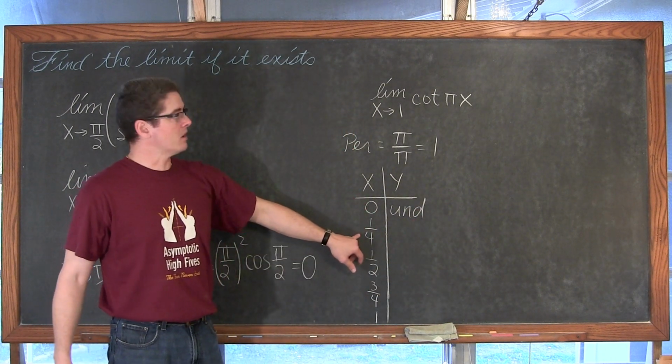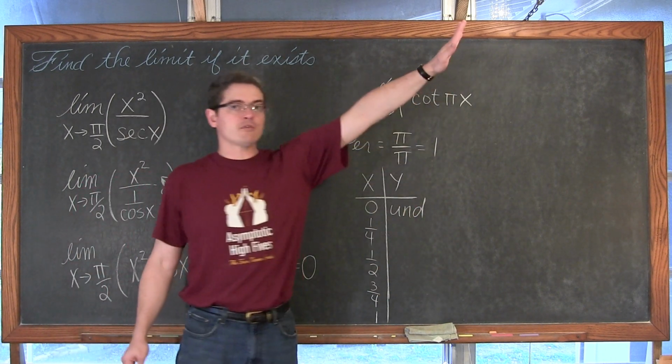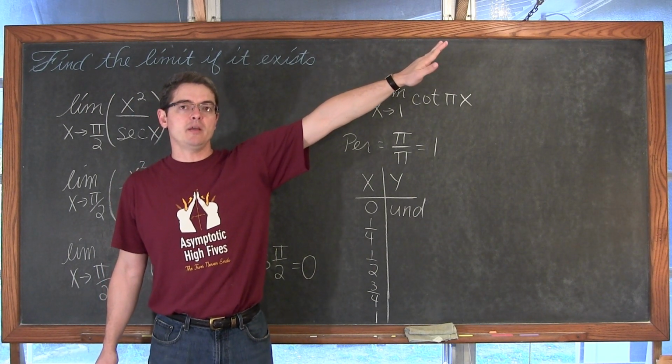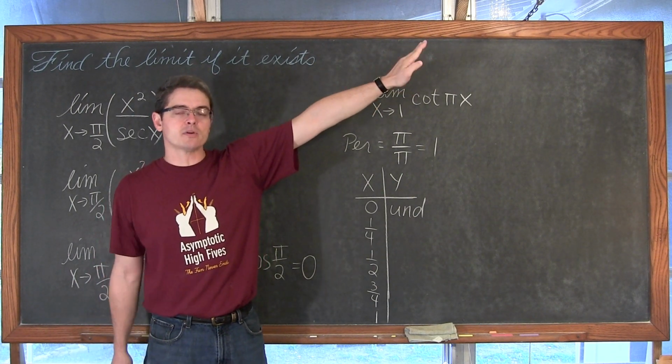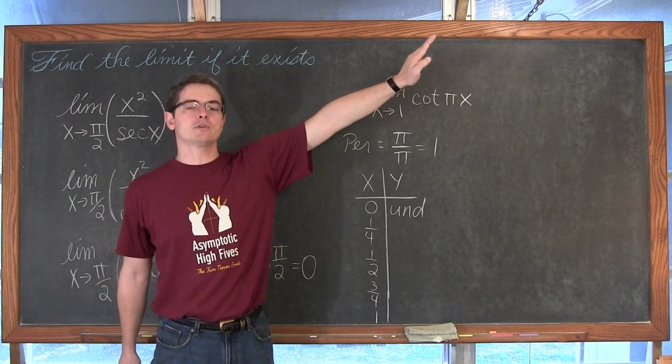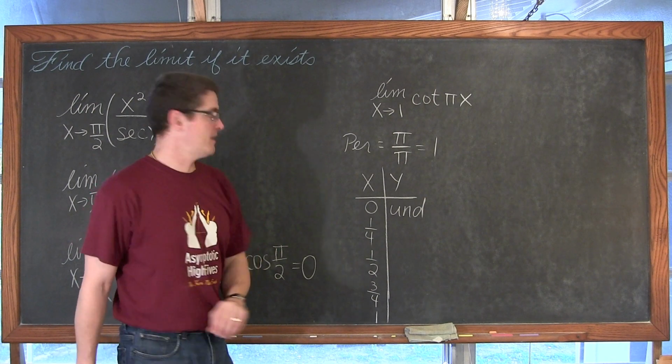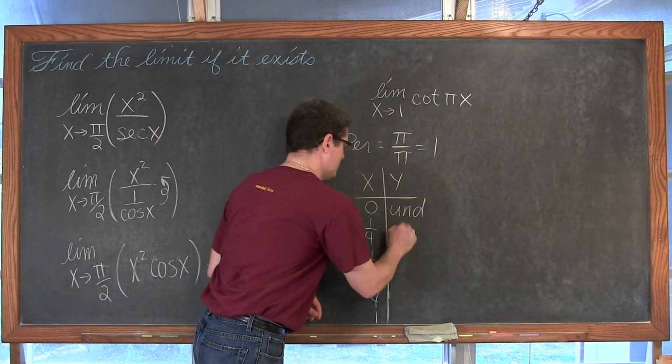At pi over 4, the cotangent of pi over 4, that is, again, x over y, is going to be, looking on the unit circle, square root of 2 over 2 over square root of 2 over 2, which is equal to 1. So the cotangent of pi over 4 is equal to 1.